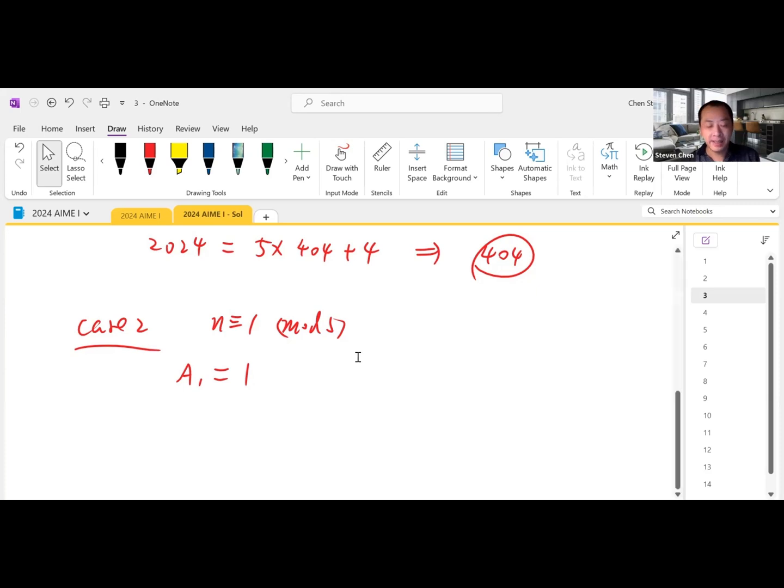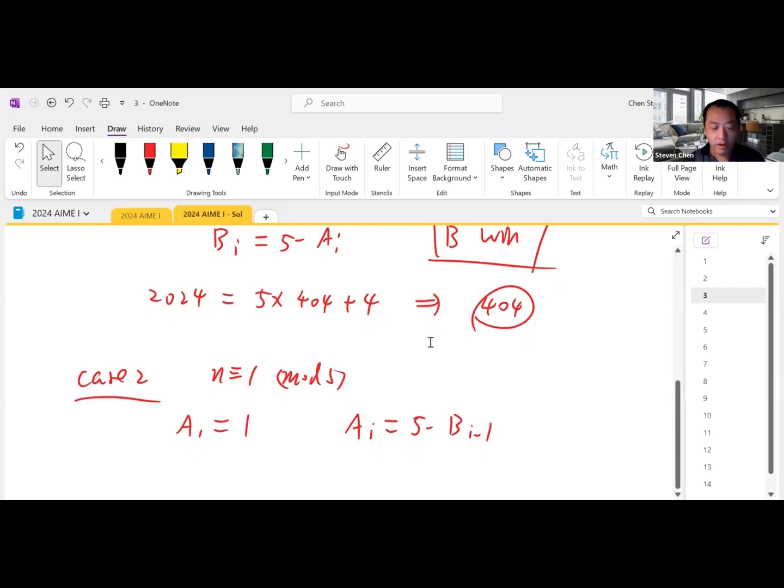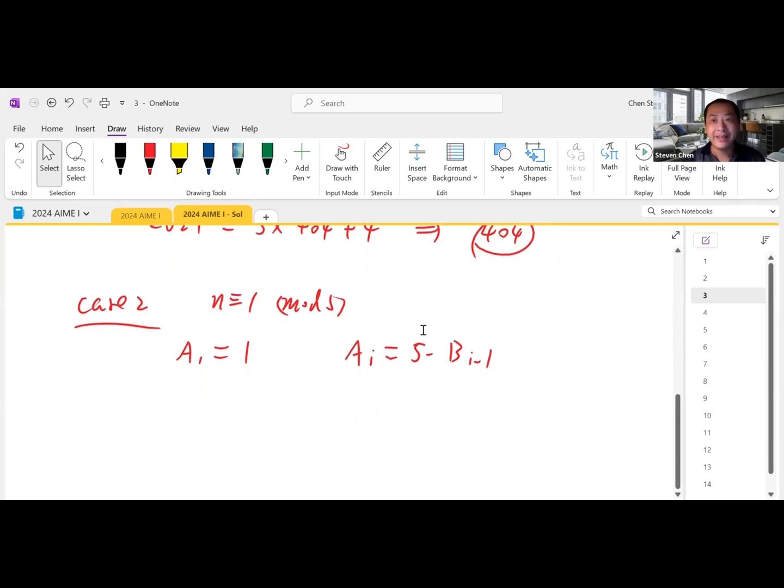So Alice can simply adopt the strategy we developed above. Or let me make it more precise. For A sub i, it is simply equal to 5 minus B sub i minus 1. So this guarantees Alice to win the game. Therefore, for this case, there's no way for Bob to have a strategy that guarantees him to always win the game. Okay.